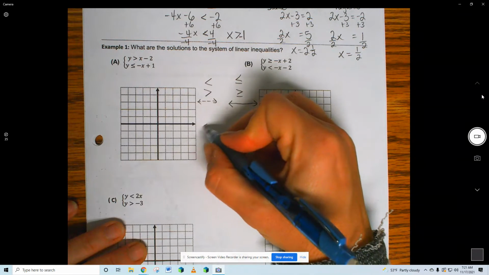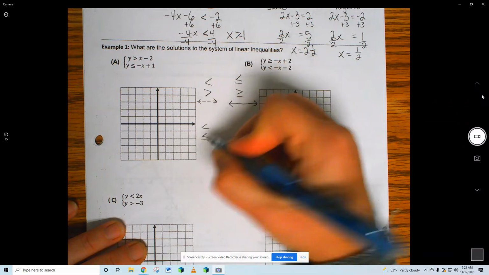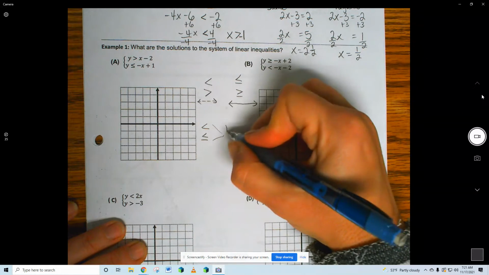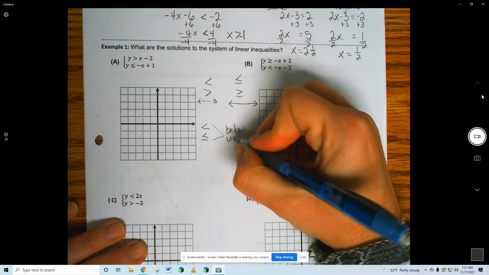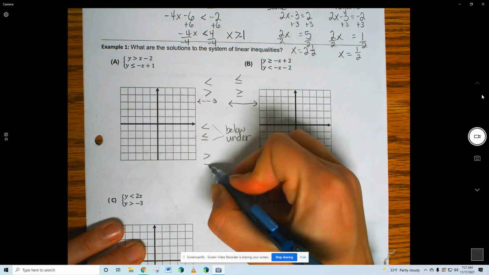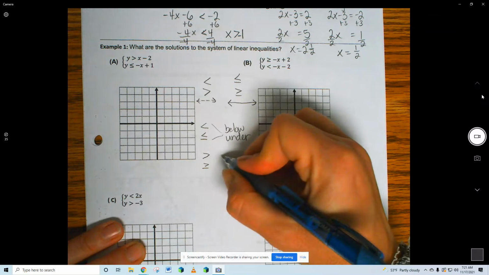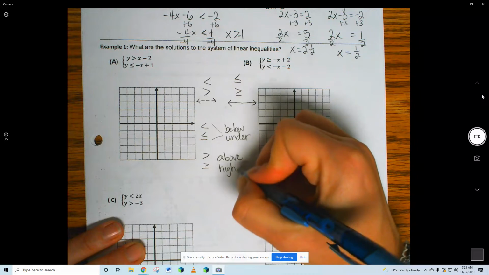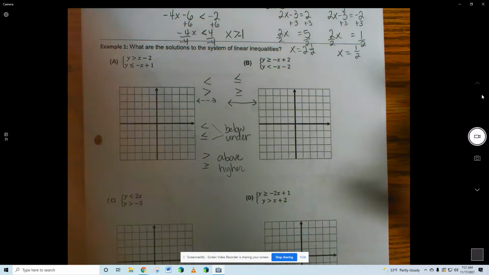If you're doing less than or equal to, that's going to be below, under. If you're doing greater than, or the symbol says greater than or equal to, that's above. The shading is above or higher. This is the shading.